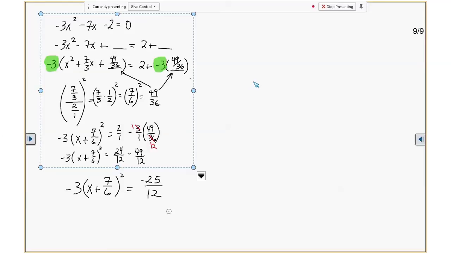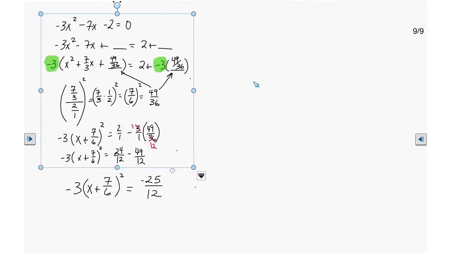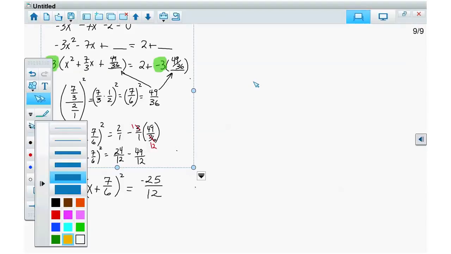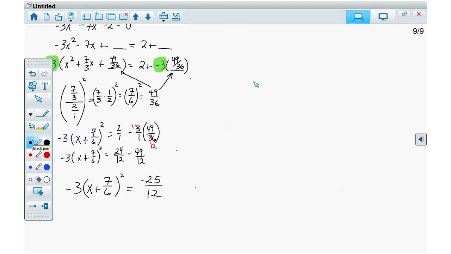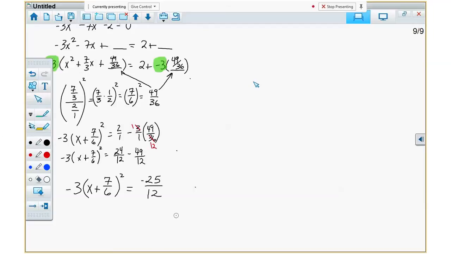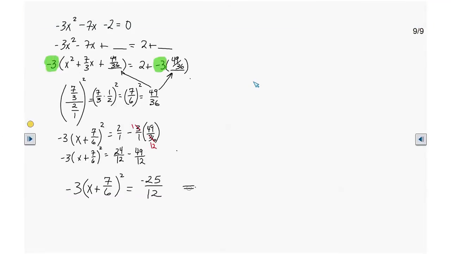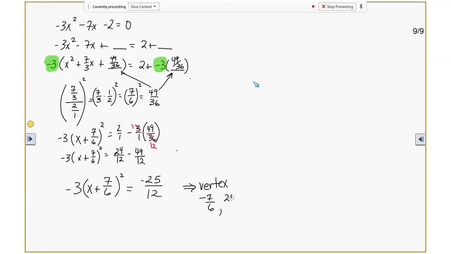I'll just go over to the right here. That thing's supposed to go away. Need training. So the vertex is negative 7/6, 25 over 12.